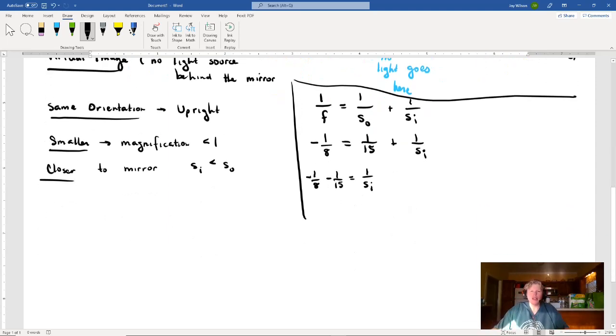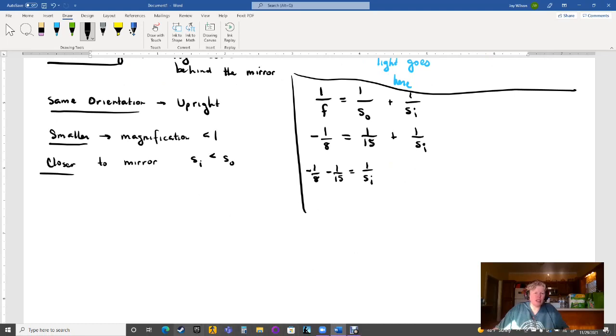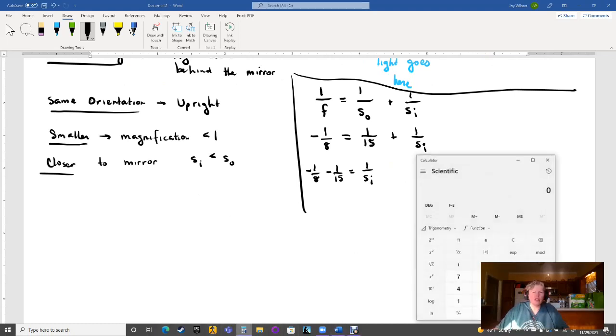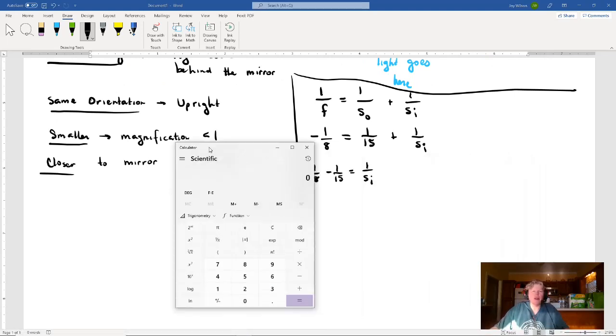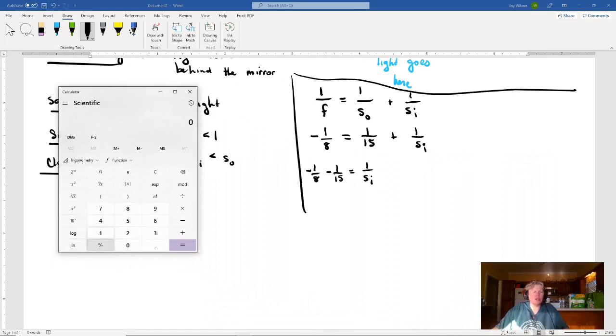Well, I'll take -1/8. I'll subtract the 1/15 to the other side. Because you don't really need to get common denominators here, we can go 1 divided by 8, and that's negative, minus 1 divided by 15.